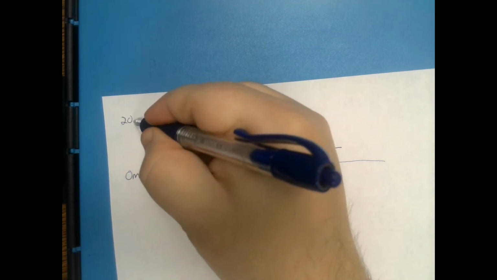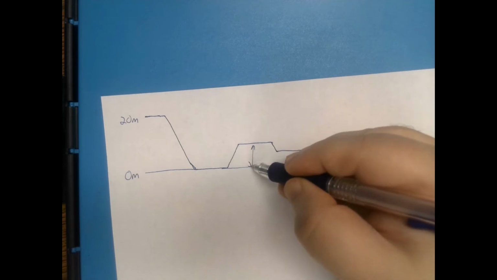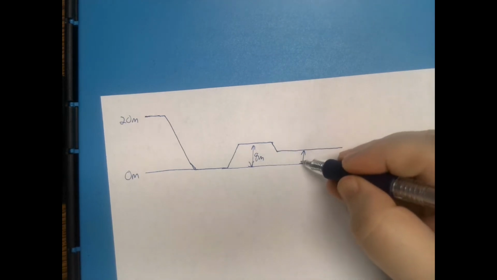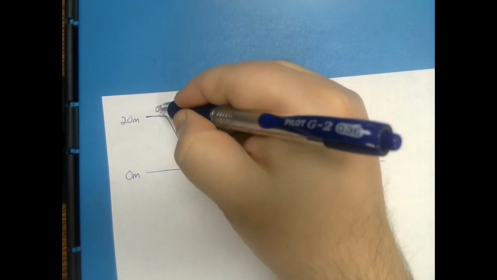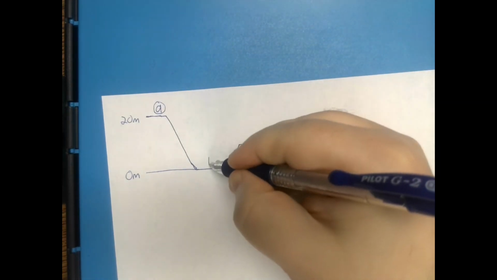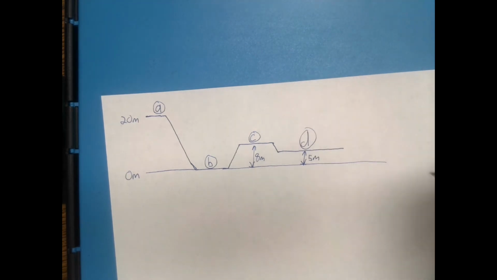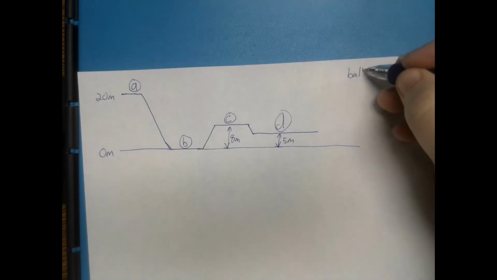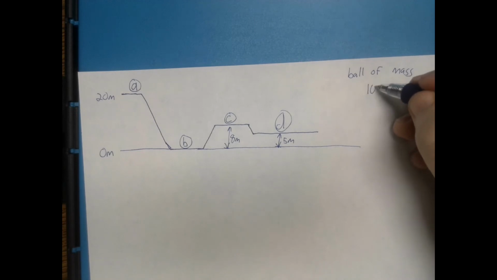This be 20 meters. This height be 8 meters, and this height be 5 meters. I'll call this point A, B, C, and D. And let's let it be a ball of mass, oh, let's do 10 kilograms. Make it easy.